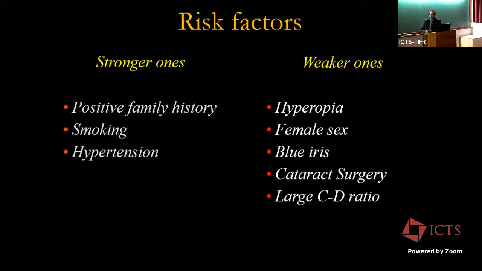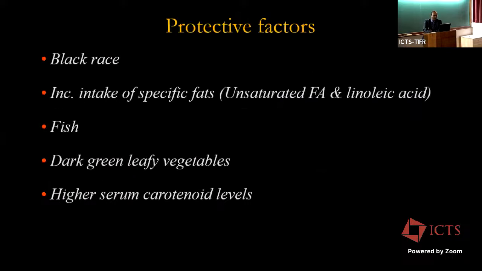These are the risk factors that one needs to keep in mind. The stronger ones are positive family history, smoking, hypertension, the usual suspects. Weaker ones are hypermetropia, that is having a plus power, female sex, blue iris, cataract surgery, and large cup disc ratio, which is the excavation of your optic nerve head as you see it on fundus photography, and this predisposes to another condition called glaucoma.